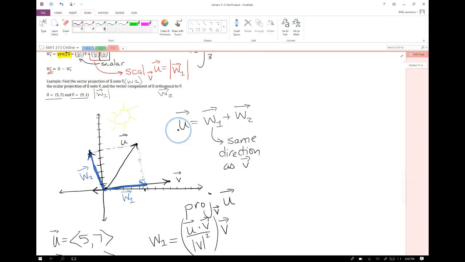So just think of this as somebody has already done an addition problem and came up with u. And our goal is to break it back up into the two vectors that were added together to create it. Those two vectors will always be at a 90-degree angle to one another. And one of the vectors we will be given the direction for.